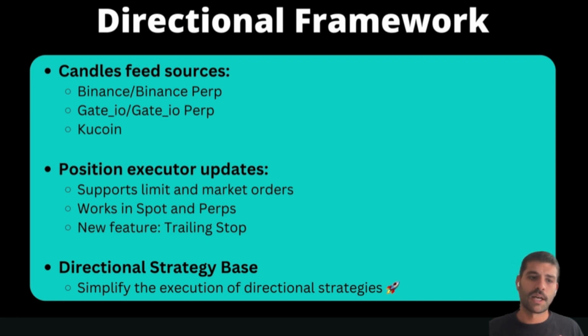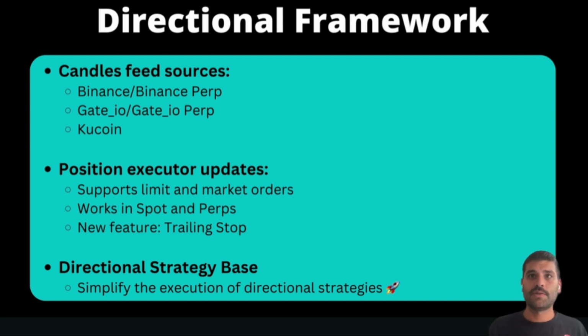And secondly, when you are doing directional trading or these taker strategies, or strategies where you are trying to capture an inefficiency from the market, usually it's better to use market orders, because if you are submitting a limit order and the market is going in the opposite direction, usually your order is not going to be executed.